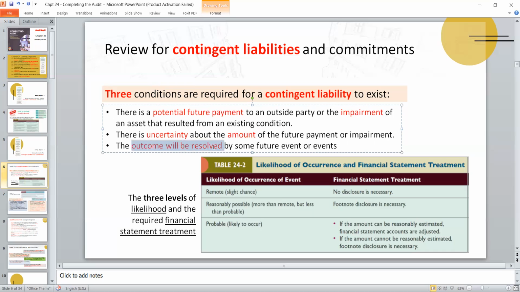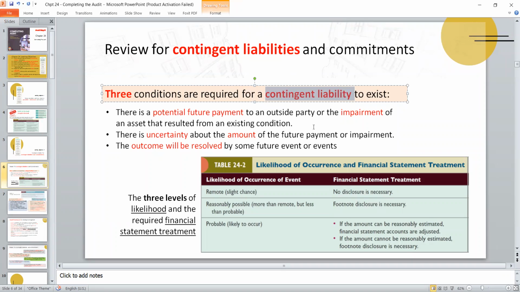The outcome will be resolved by some future event or events. Okay, these are the conditions for a contingent liability to exist.